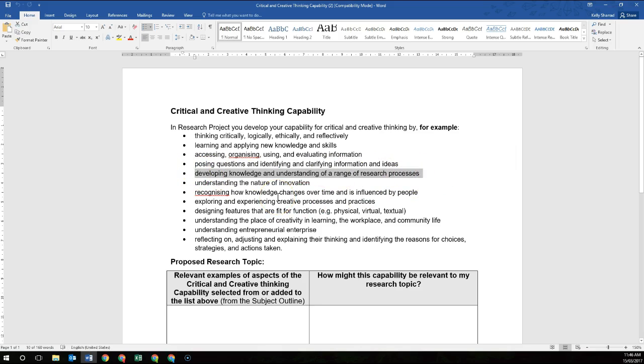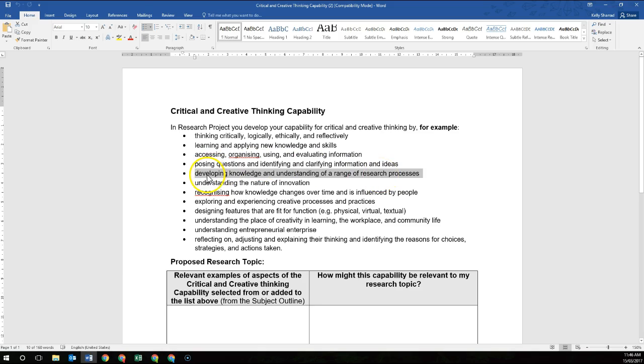Looking at developing knowledge and understanding a range of research processes. Again, with critical and creative thinking, you need to be creative about the research processes that you plan to use. So you should be using a multitude of research processes. You should be developing knowledge and understanding of those research processes.